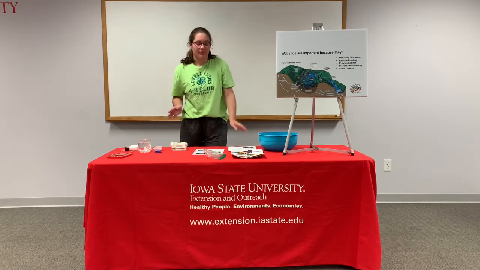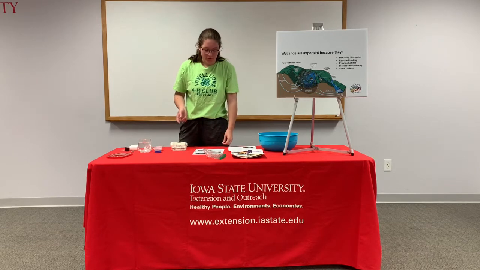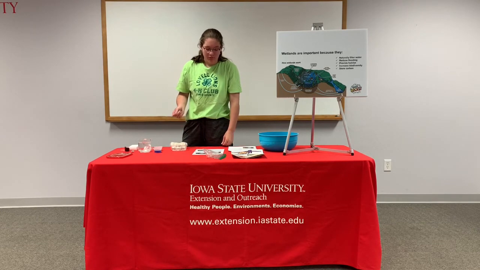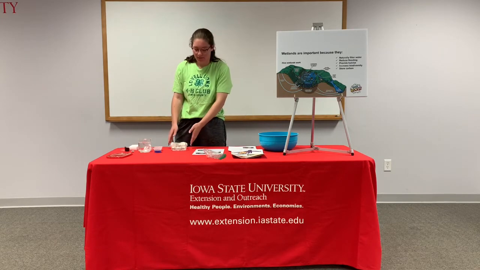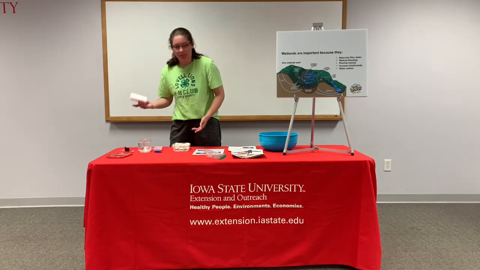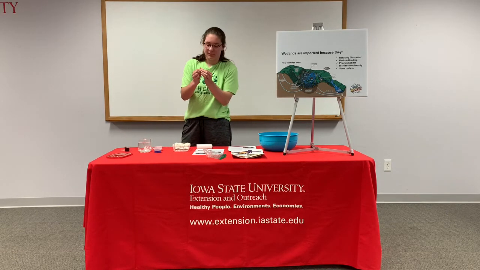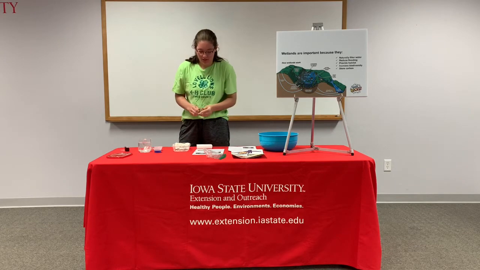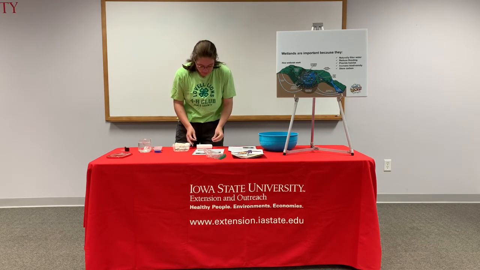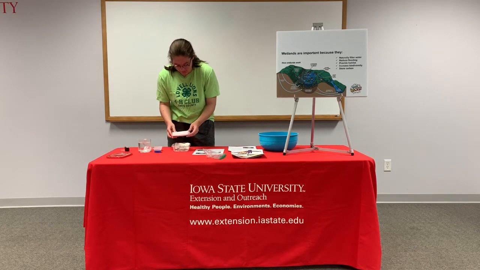So let's go to a different scenario. So it's a spring day and Farmer Jones has worked with the NRCS to reconstruct a wetland near his farm, and now he has prepared his field for planting. So you want to take your sponge and you want to use this little bit of sticky stuff to adhere it to the sides of the tub. So I would just stick it to the bottom, stick it to the sides.